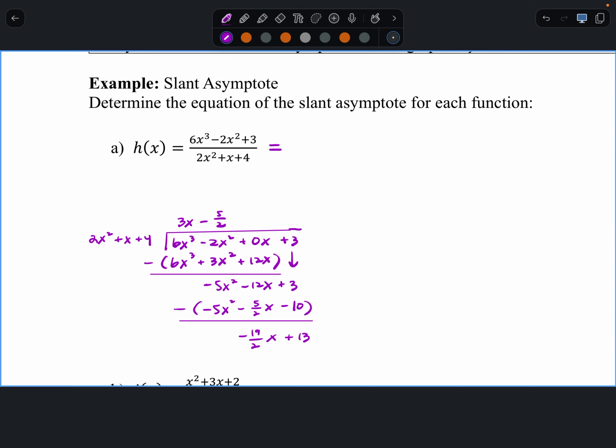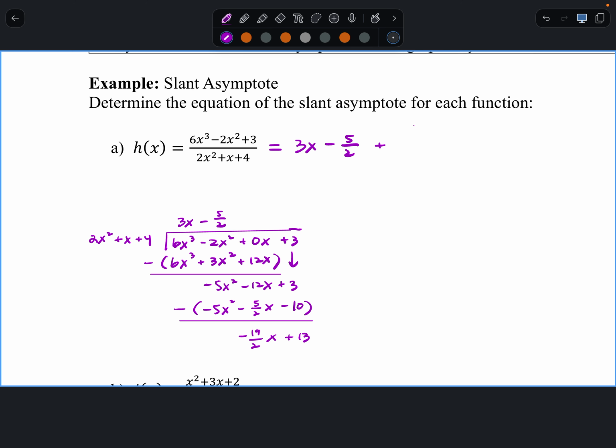So if I get rid of these, notice if I change this to be a 5, so that the end behavior model is y equals 3x squared. Oh no, cubed.